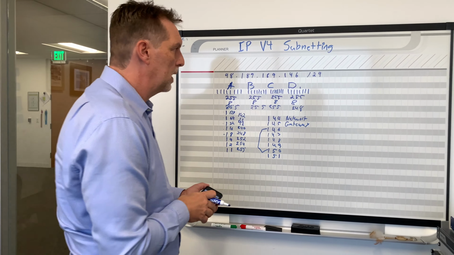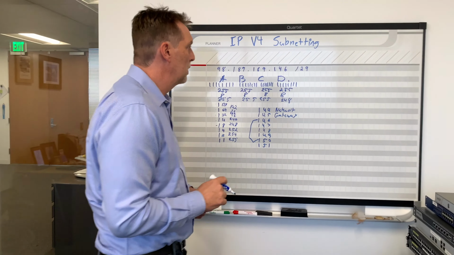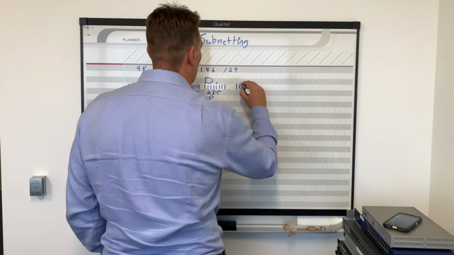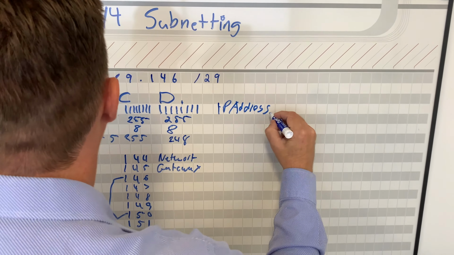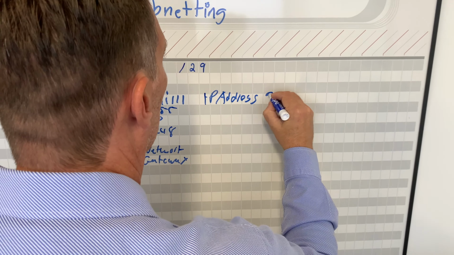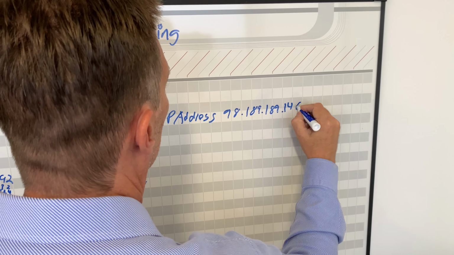And so when you enter this into your router, you're going to enter the IP address. It's going to be 98.189.189.146.